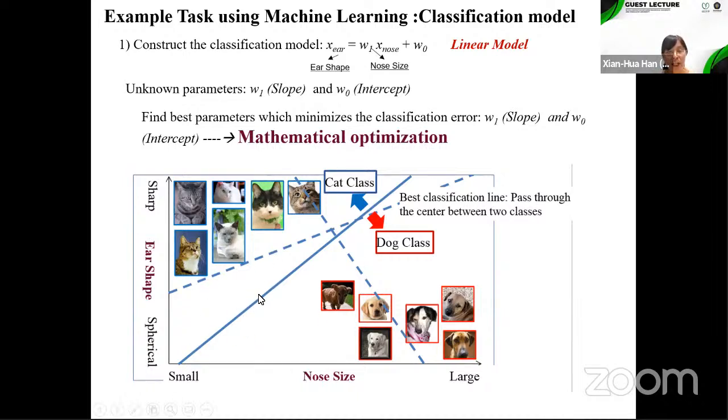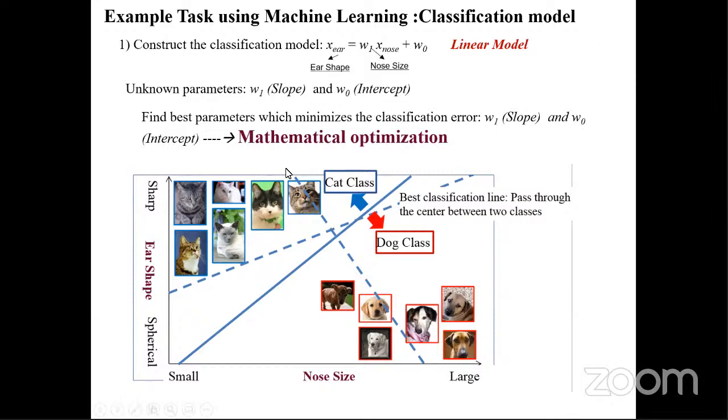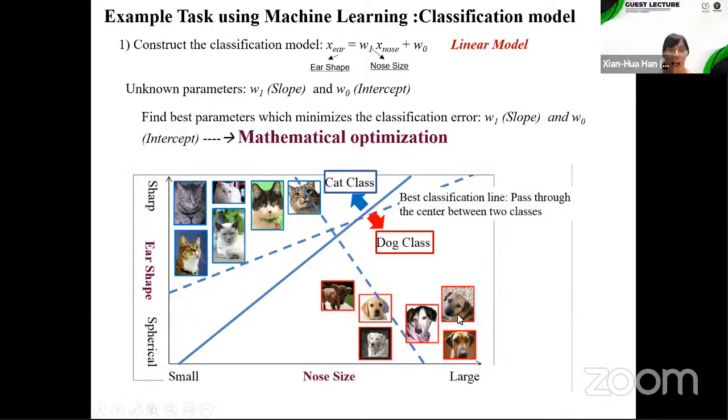So this figure shows, in this figure, we only show the raw images. Each raw image has the ear shape and nose size features. From this figure, we want to find the best line which can best distinguish the cat images and the dog images.